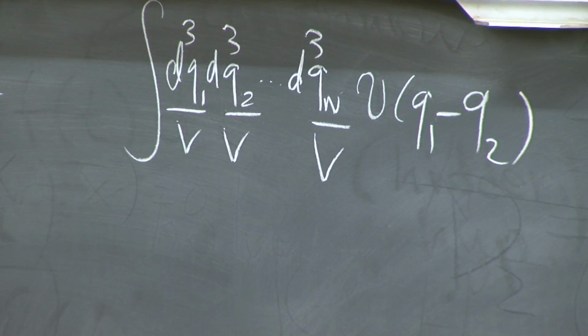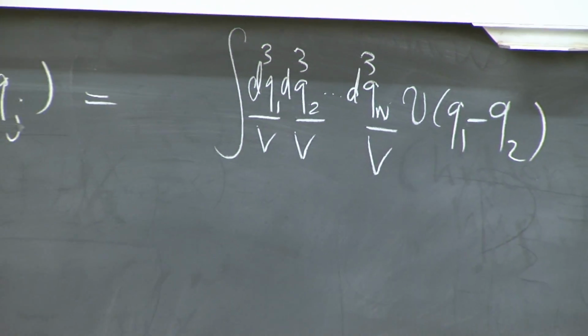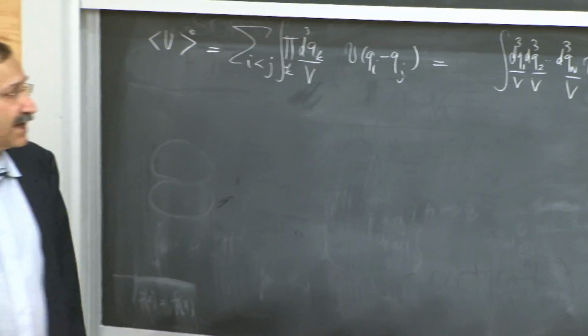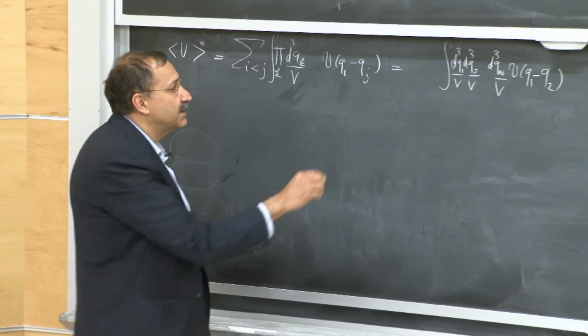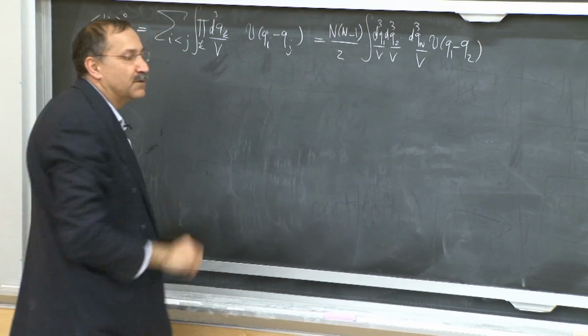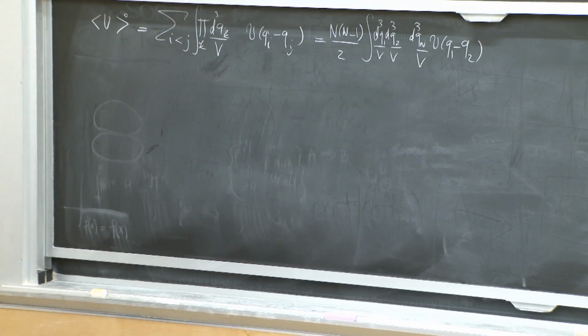Everything is symmetric. The weight that I start with uniformly is symmetric. So clearly, my choice of this pair was arbitrary, and the answer when I do the sum is the answer for 1 times the number of pairs, which is n times n minus 1 over 2. Okay?